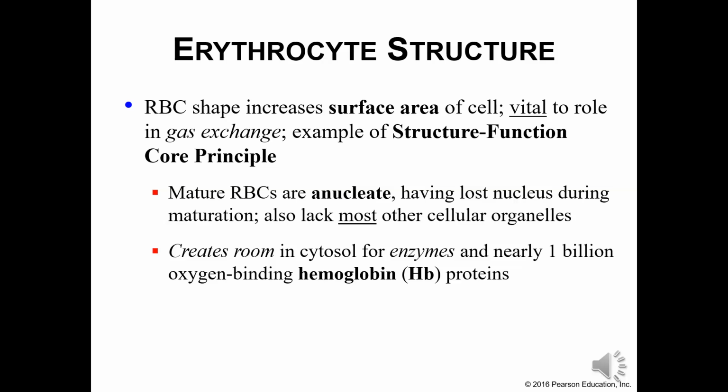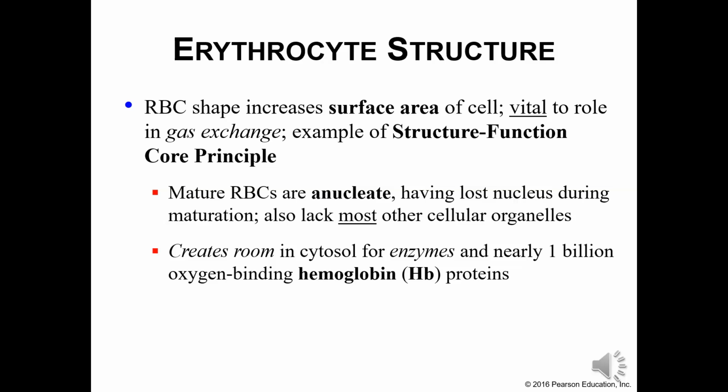So once the red blood cells have produced all the hemoglobin that it's going to produce, which is basically only going to occur in the bone marrow, then it's really not necessary to have a nucleus that persists for the lifetime of the cell. And it also lacks most of the other cellular organelles like the mitochondria and the Golgi apparatus and many of the ribosomes. Okay, so it doesn't have any means of repair.